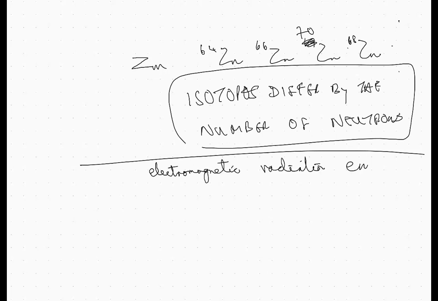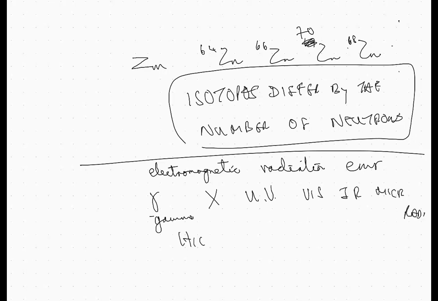If you take the whole range, you get gamma rays, X-rays, UV, visible, IR, microwave, radio. That's the way it goes. This end is high energy, and this end is low energy. High energy, high frequency. Low energy, low frequency. Wavelength is shorter at this end, longer at the other end. When the wavelength is longer, there is less energy.